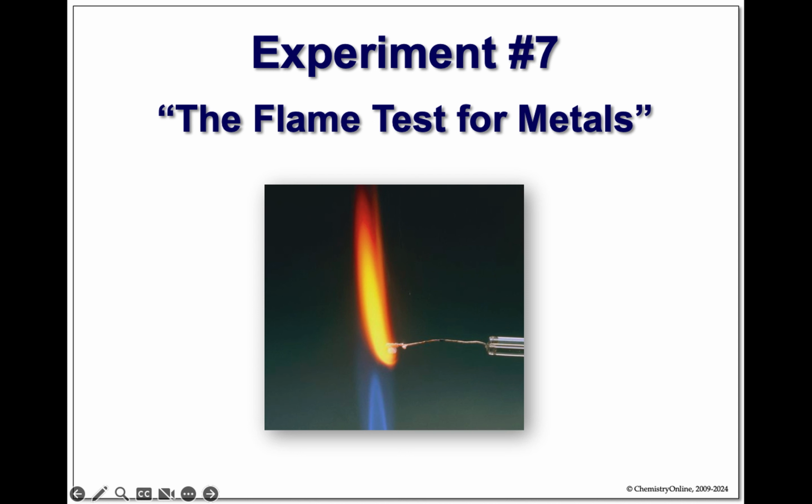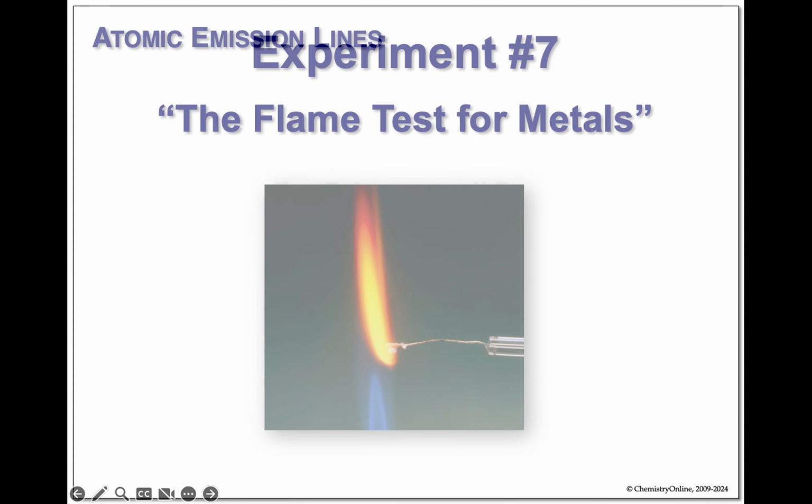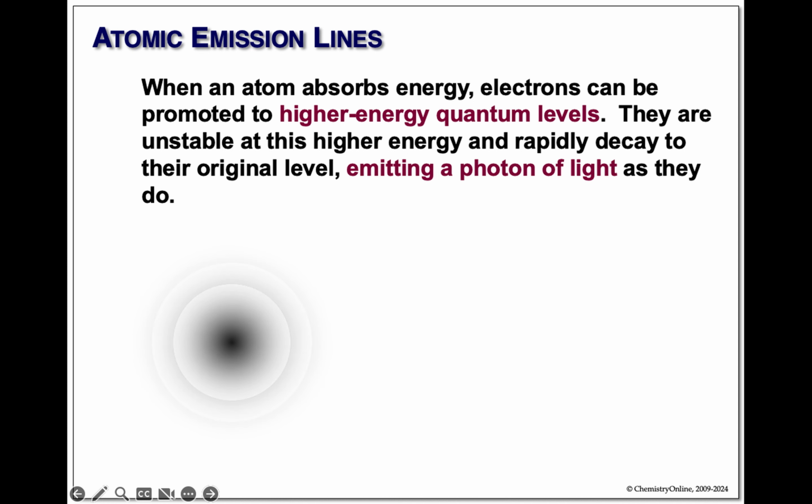But okay, what happens when you take your metal ion and put it in a flame? Well, the electrons absorb energy, is what happens. When they absorb energy, they can jump from whatever quantum level they're at up to a higher quantum level.